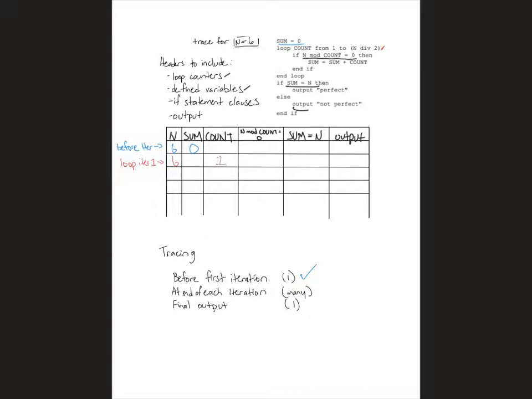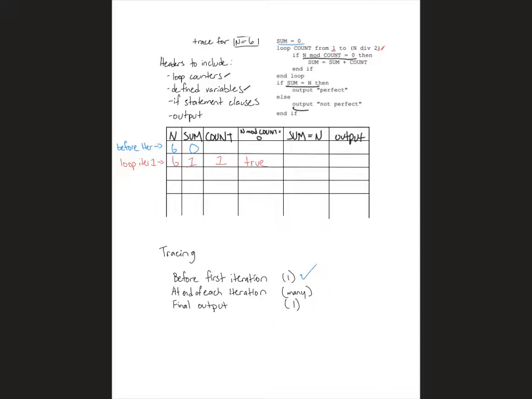Count is 1 because it's the first iteration. It starts from 1. N mod count equals 0. That would be true because n is 6, count is 1, and 6 mod 1 is 0. There's no remainder. So this would be true. Sum equals sum plus count. Sum is 0, count is 1, so sum equals 1.